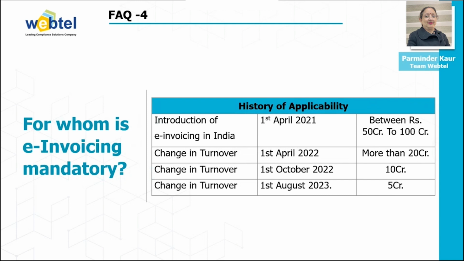Then on 1st April 2022, the limit was reduced to 20 crore, and on 1st October 2022, the limit was further reduced to 10 crore. Now from 1st August 2023 onward, the government has mentioned that for annual turnover of more than 5 crore, e-invoicing is applicable.